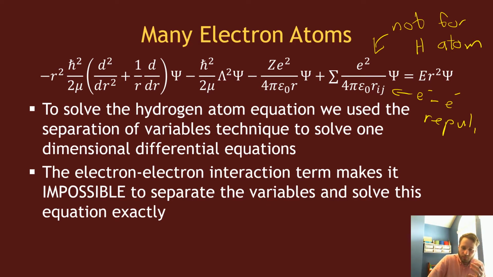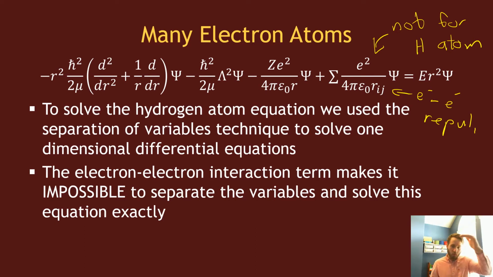So that term doesn't exist for the hydrogen atom, and because of it not existing, we're able to separate variables, solve three different one-dimensional differential equations, and go about our merry way. But for multi-electron atoms, I cannot separate my variables anymore.